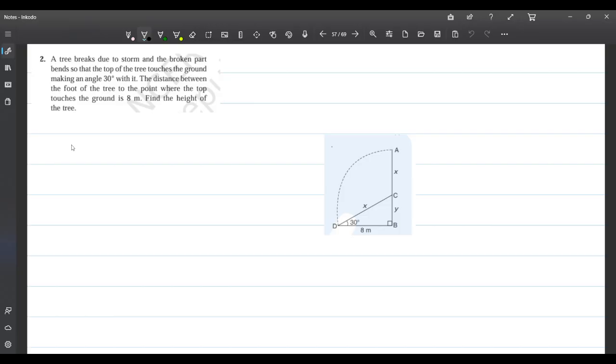Let DC be equal to x and BC be equal to y, and we are given BD is equal to 8 meter.